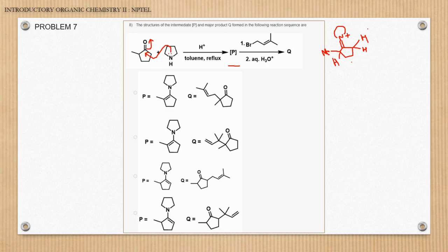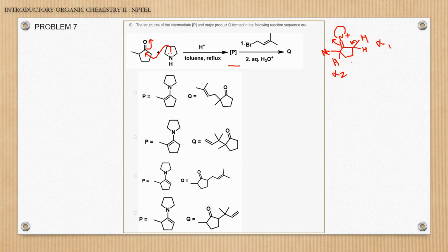So the removal of proton from either of the sides, it will go like this and it will neutralize. So alpha proton can also do that, alpha 1 or alpha 2.